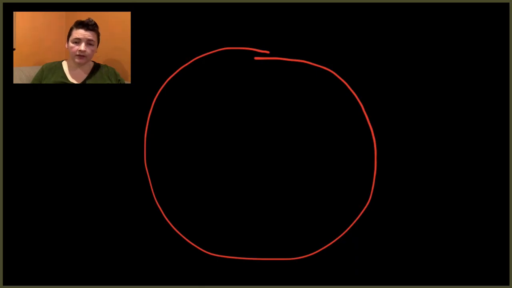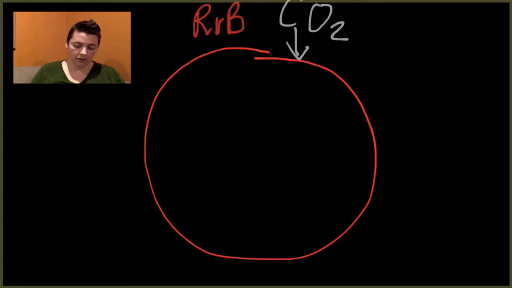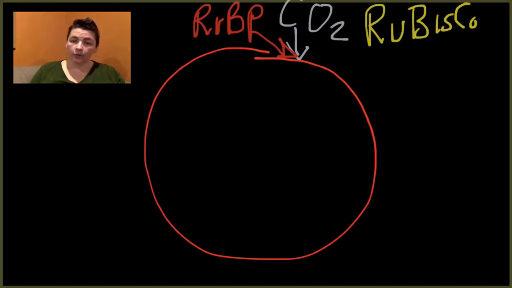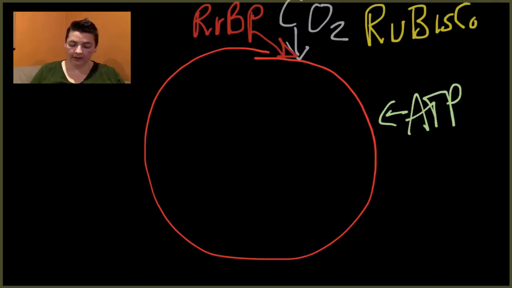The Calvin cycle in the stroma has carbon dioxide being fixed to RUBP. So carbon dioxide is attached to that RUBP. The enzyme that helps do this is called Rubisco. We are going to put in some energy in the form of ATP and NADPH.